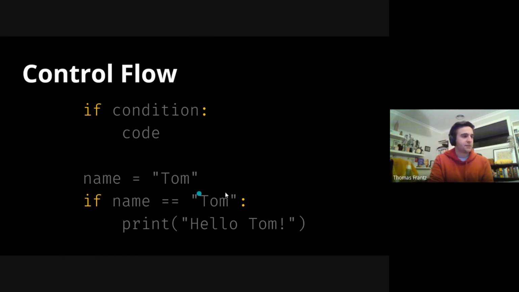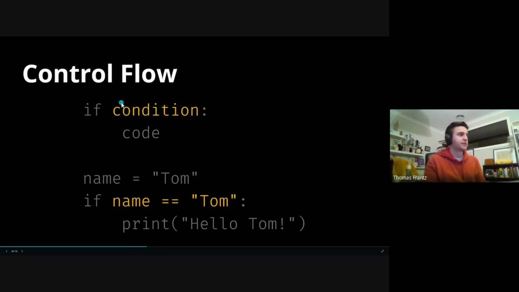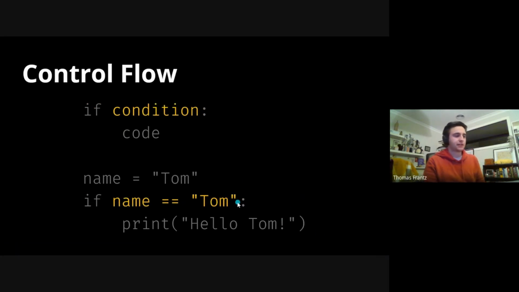So you can see how this matches up in an actual code example down here. Moving forward, this condition can be anything like name equals Tom, or name is Tom, name is not Tom, anything like that will all work. And then we have the code here as well.